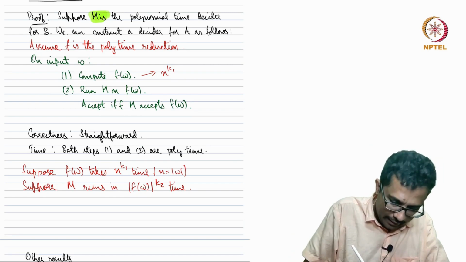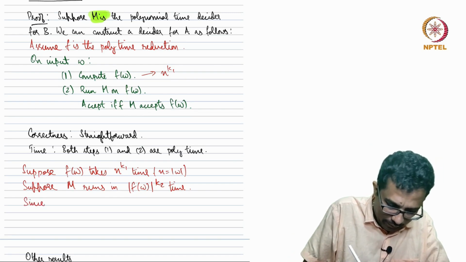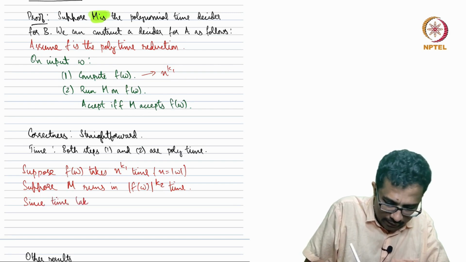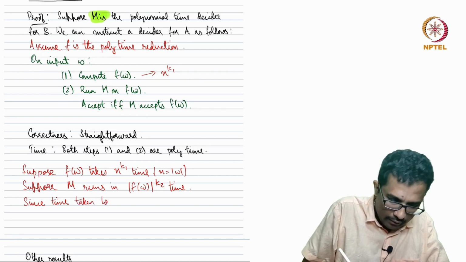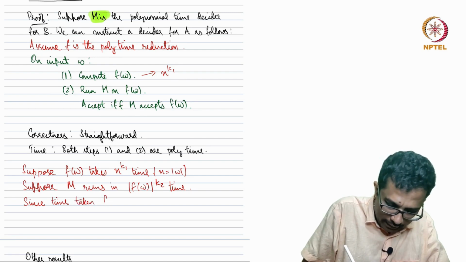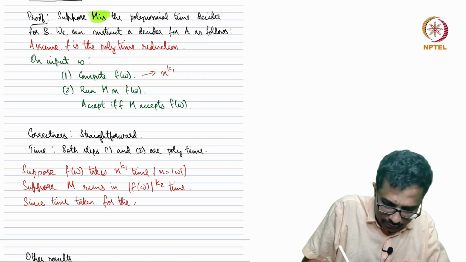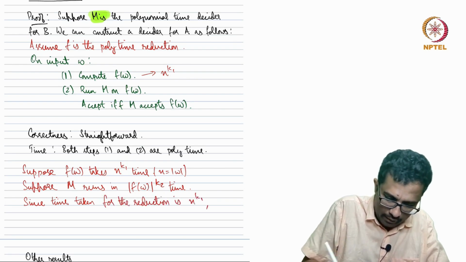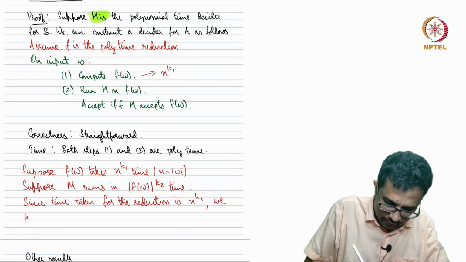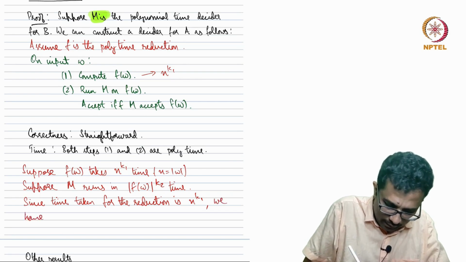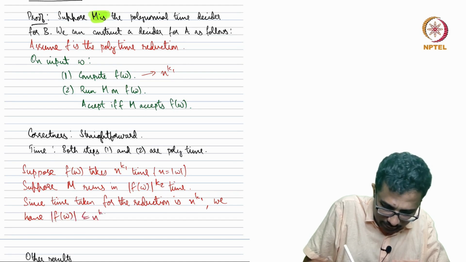So since the time taken for the reduction is n power k1, the length of f of W should also be at most n power k1.